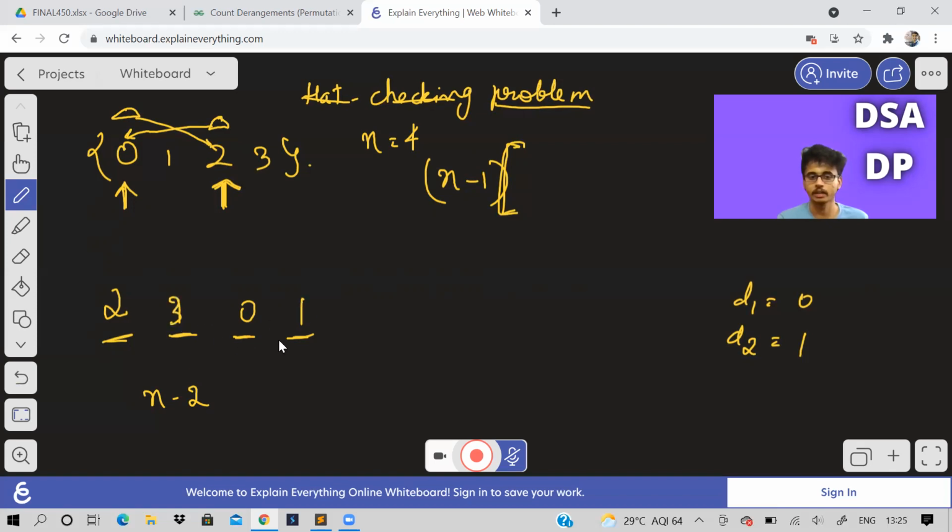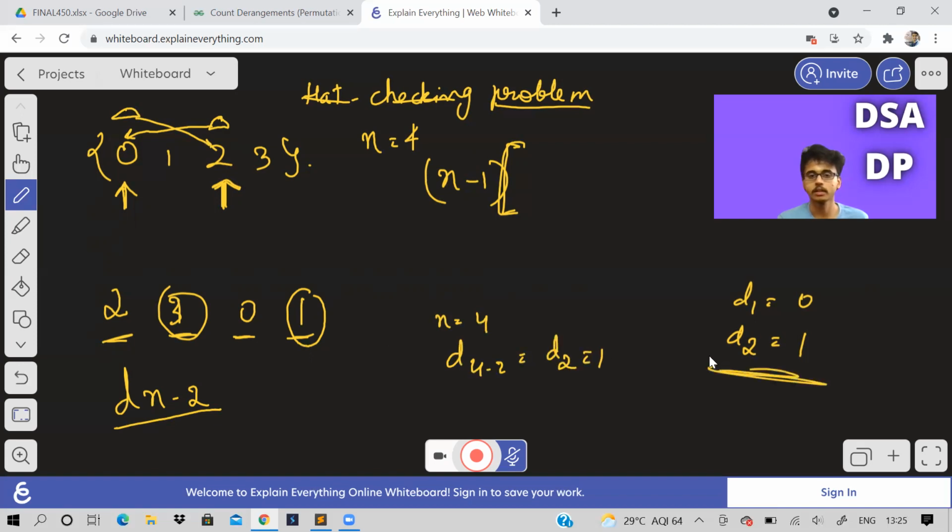So 3, 1. So this is one case, right? 3 and 1 coming in those two positions is one case. It is representing what? Derangements of n minus 2. What is n over here? 4. What is derangement of 4 minus 2? Derangement of 2, 1. So this was one case wherein we fixed 2 here.